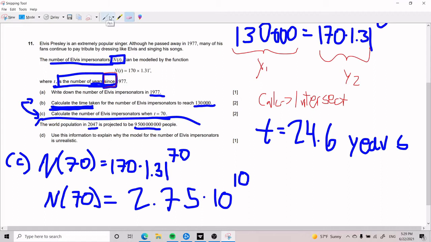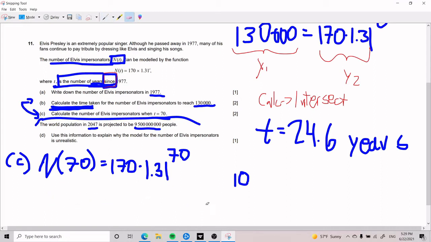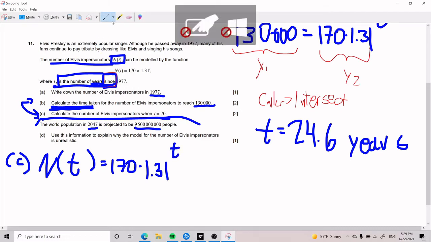So the thing is, if we look at the nature of this function, to know about the nature of a function, the most important thing to do is look at where the variable is. Okay, and so the variable is in an exponent, and we know that this is an exponential function because of it.